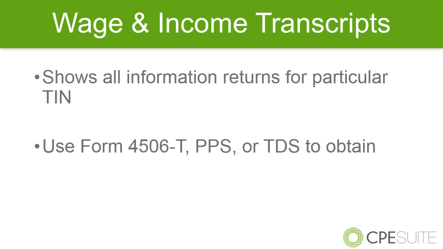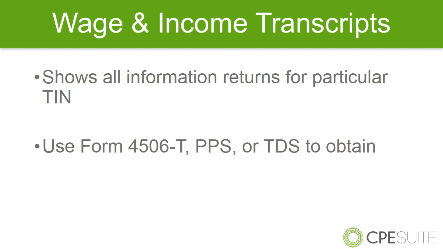And the nice thing about them is that they show all the information returns for a particular TIN. The information returns for a calendar year, especially for an individual taxpayer, are not going to be complete and accurate until roughly June or July of any given year.